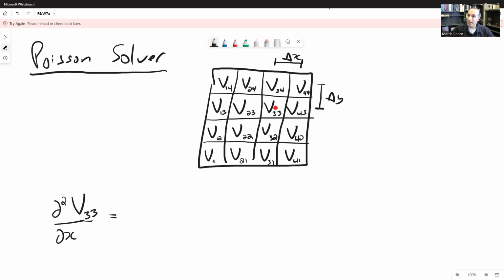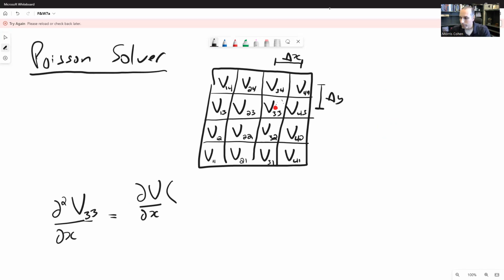The approximation of the second derivative can be thought of as taking the first derivative and looking at the difference from one side to the other. So this is going to be equal to dV/dx evaluated at a point half a grid cell in the positive x direction from 3,3.